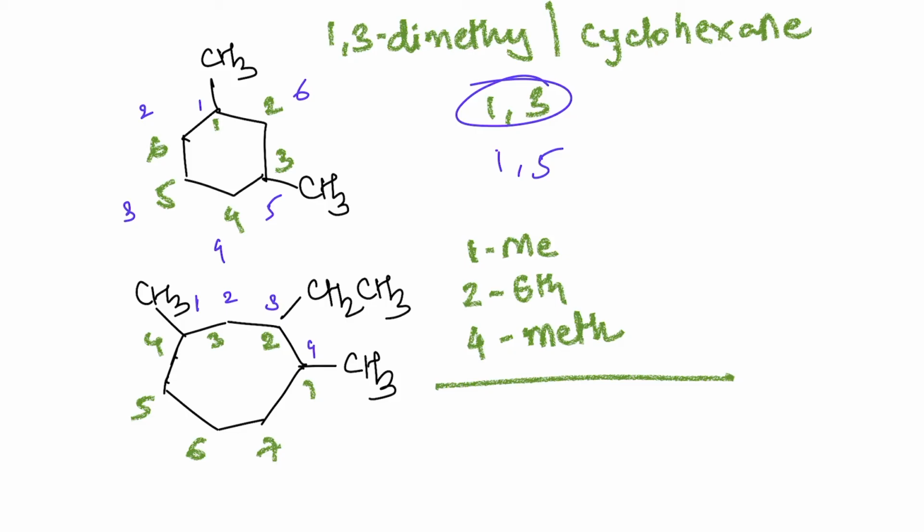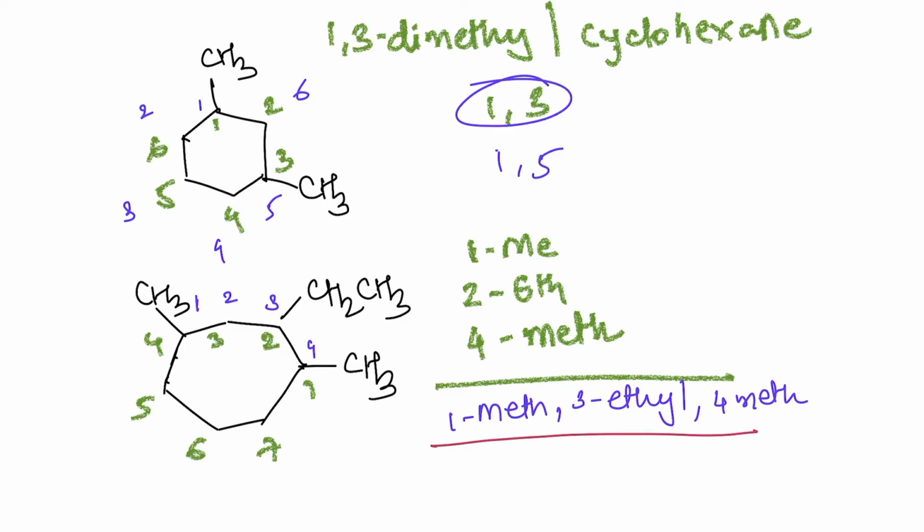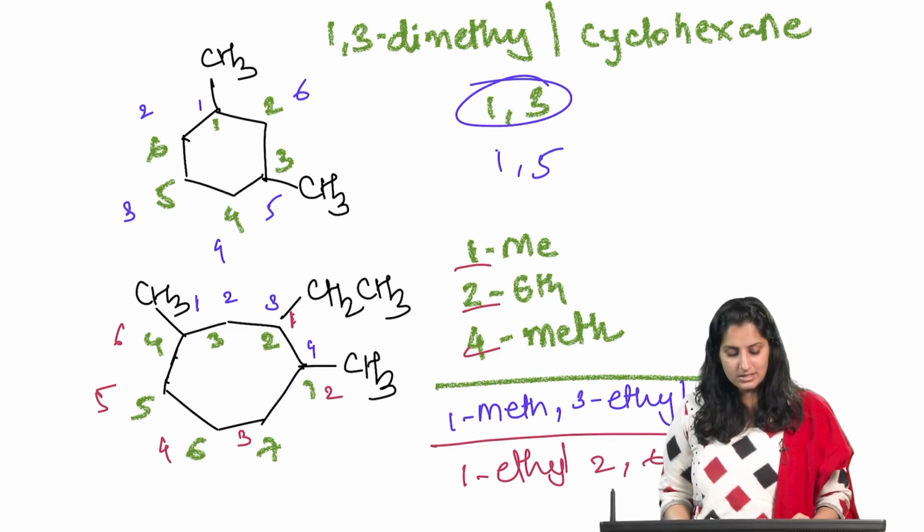So, that will give me 1 methyl, 3 ethyl and 4 methyl, right. I can even number it one more way. So, I can start numbering it from ethyl and I can go 1, 2, 3, 4, 5, 6. So, that will give me 1 ethyl, 2, 6 dimethyl.